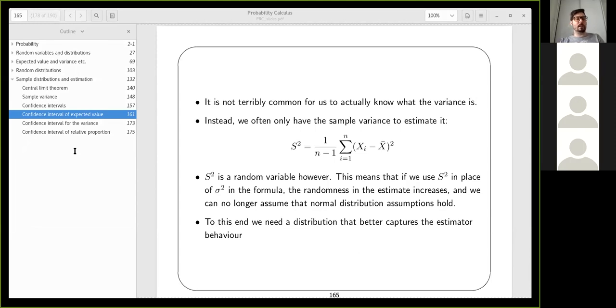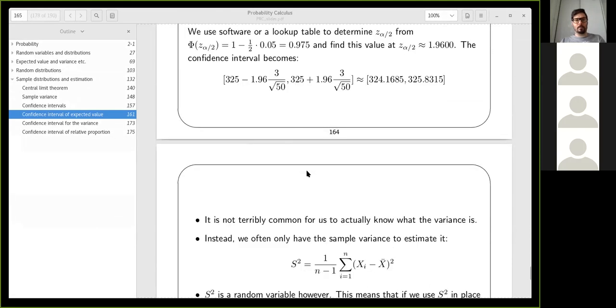So for instance, in MATLAB, we could use the command norminv, and here the value was 0.975. So that would be, for instance, in MATLAB.